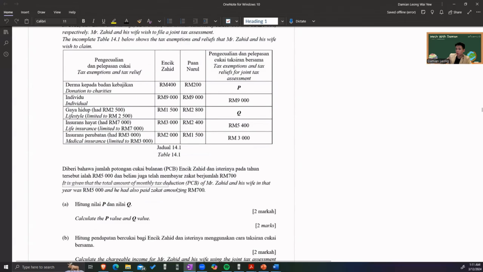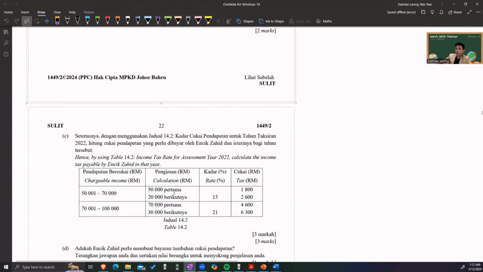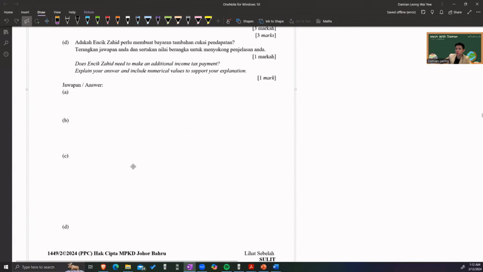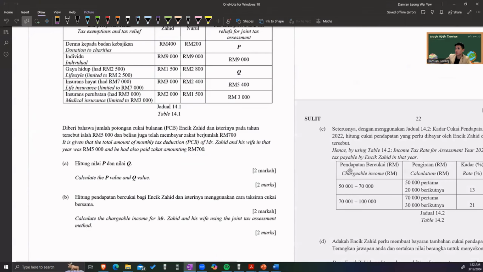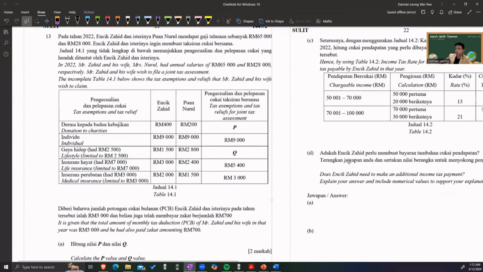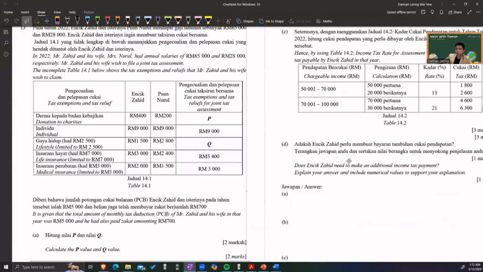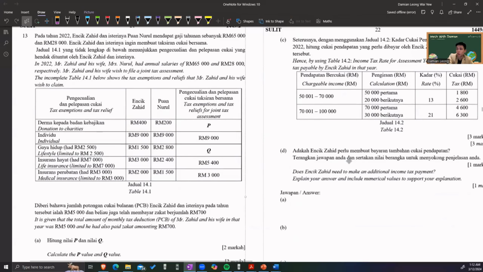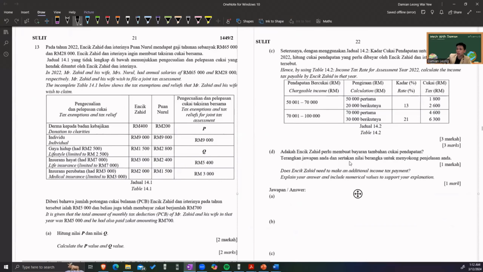It's given that the total amount of monthly tax deduction of Mr. Zahid and his wife in that year was 5,000 ringgit. And he also paid zakat amounting to 700. So let's see here, P and Q values. Let me put the other page here. P value is basically donations to charity, 400 and 200.